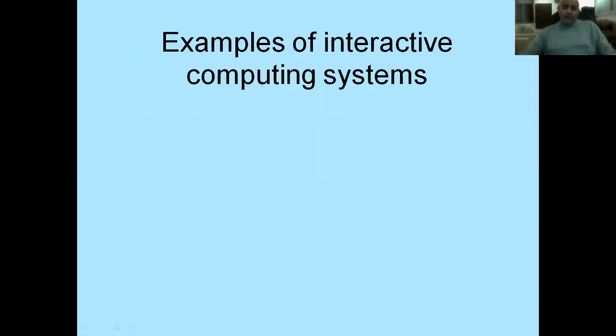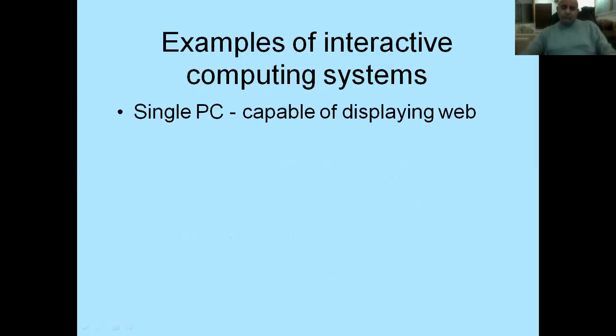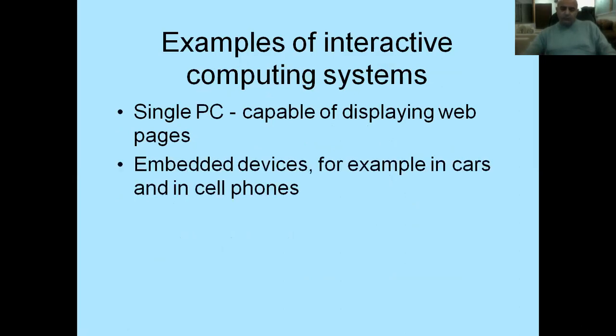Examples of interactive computing systems: a single PC capable of displaying web pages. These are some examples of interactive computing systems. The PC, which all of us know. Embedded devices, for example, in cars and in cell phones.